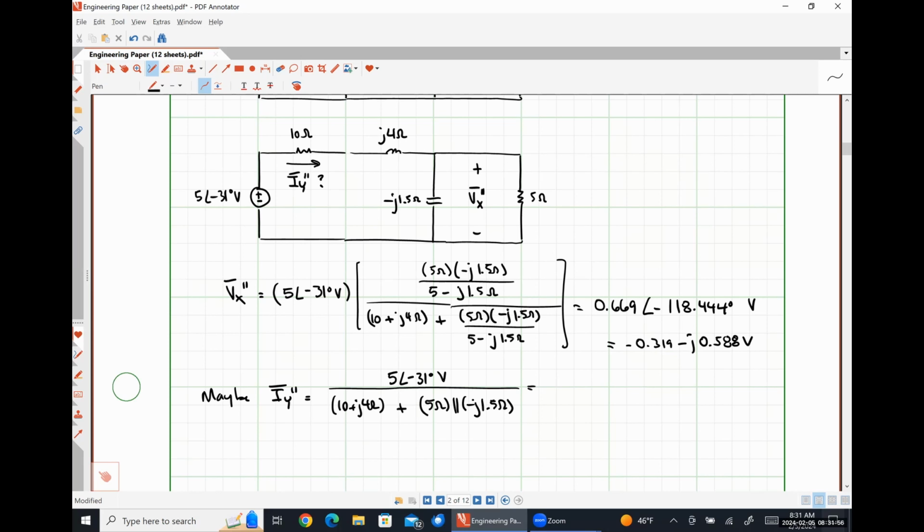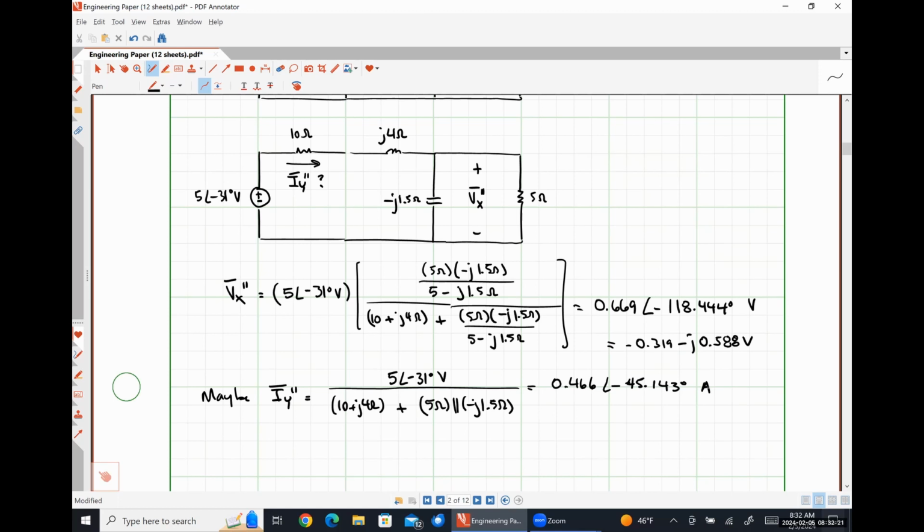So I got 0.466 with an angle of negative 45.143 degrees amps. And I'm going to leave it like that because I'm not going to bother writing it out in rectangular form since I'm not sure it's correct.